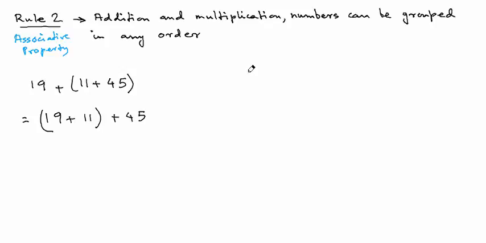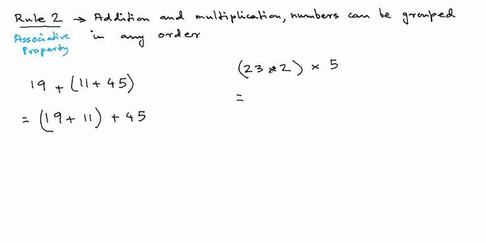Similarly, in multiplication, let's say you want to do the multiplication 23 times 2 and times that with 5. That doesn't seem to be the easiest problem in the world until you suddenly notice that, hey, I could apply the associative property and change the grouping.